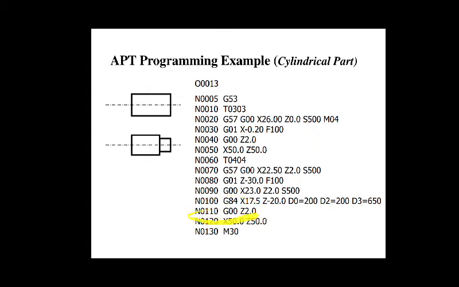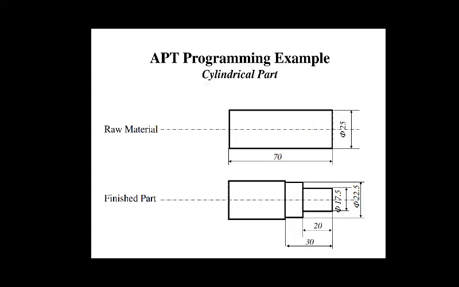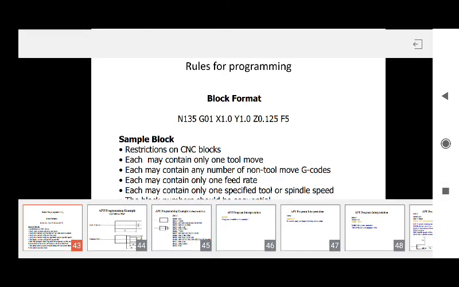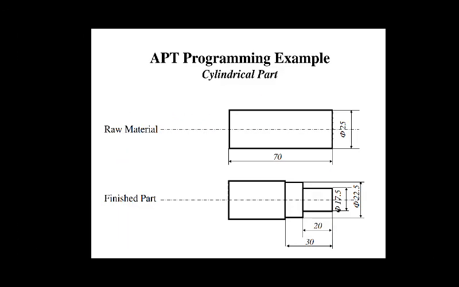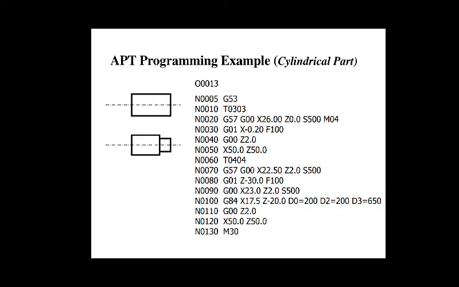In N0110, Z00 means the tool should move rapidly from the workpiece and there is no cutting. It comes rapidly, and further there is Z2.0, which means the movement is 2 mm away from the face.